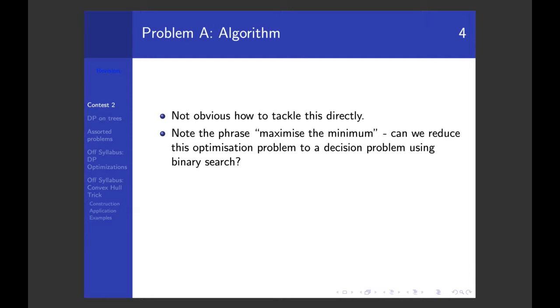As was said, several students tried DP. It didn't work. Obviously, you're not necessarily going to get the correct approach straight away. It's normal to try and tackle a problem and get stuck for a bit. But when solving this problem, the key was to think about using binary search.